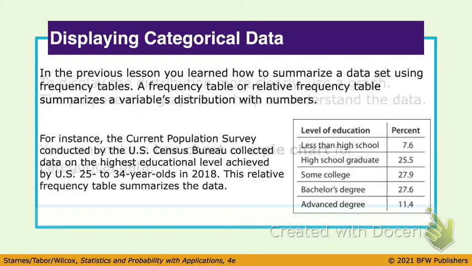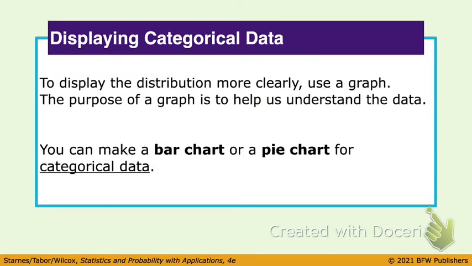What we're going to do is display this data, and in order to display it, we're going to make either a bar chart or a pie chart because it's categorical. So when you're trying to display categorical data, you're going to want to use either a bar chart or a pie chart. Those are going to be your go-tos for categorical data.